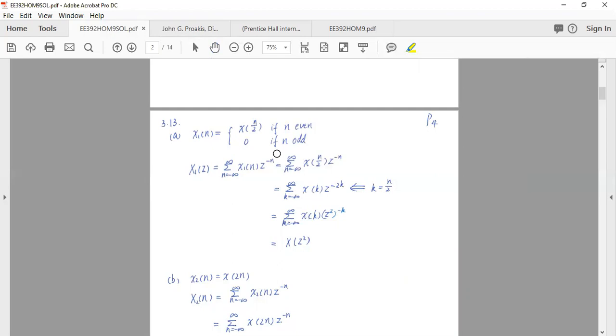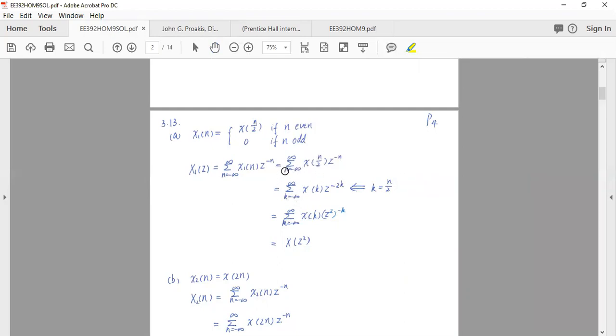So using the definition, we can substitute that and we can get this, right? Then what we can do is rewrite this term in terms of k. We can replace n upon 2 with k. That is the substitution we can use. Based on that, we have to change the limits.